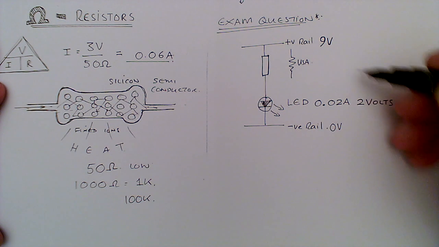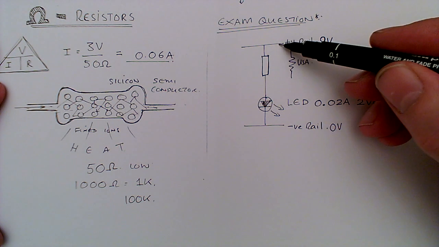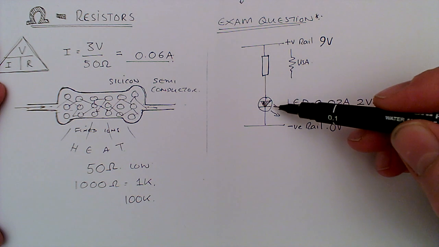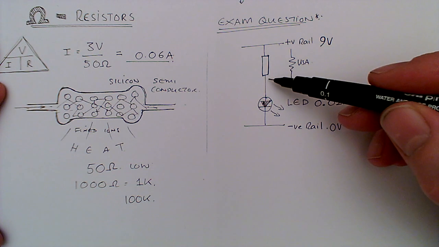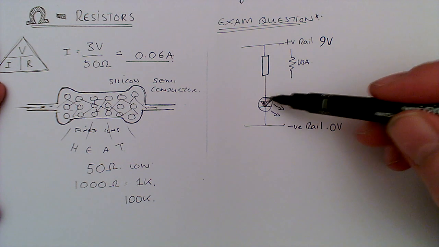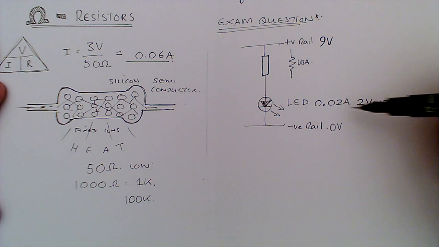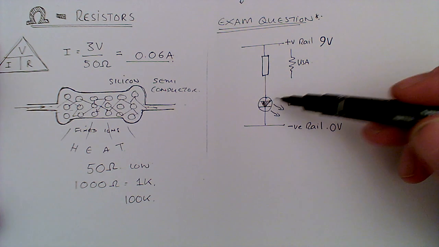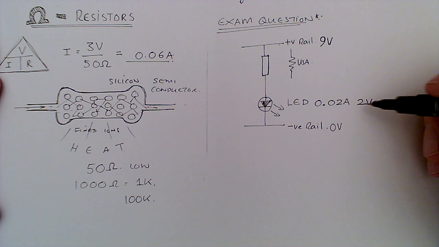So the total across the circuit is 9 volts. But actually the voltage across each component can be different, and in fact it needs to be different. The LED can't withstand too much current or too much voltage flowing through it, because they'll literally pop, they'll explode.